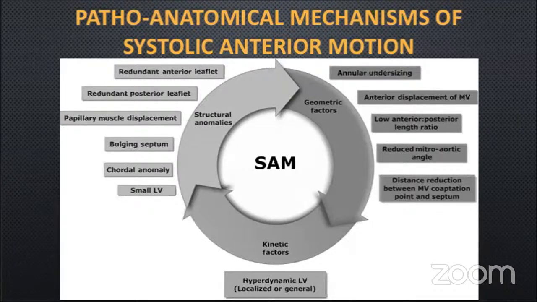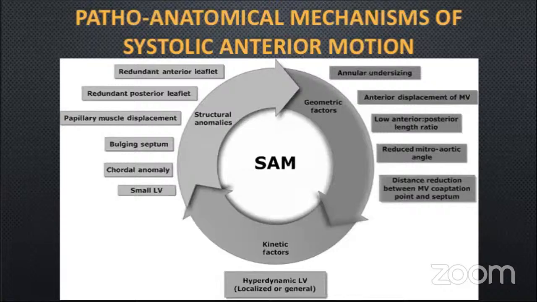The geometric factors include, but are not limited to, annular undersizing, anterior displacement of the mitral valve, and a low anterior-to-posterior leaflet length ratio, specifically below 1.3, a reduced mitro-aortic angle of less than 15 degrees, and reduced distance between the mitral valve coaptation point and the septum.